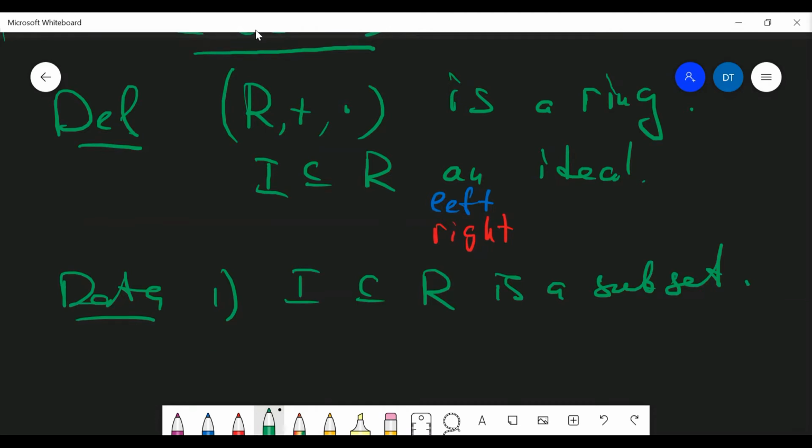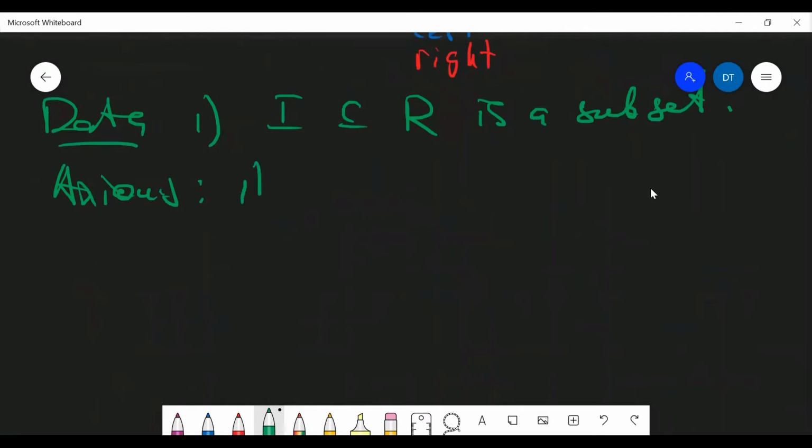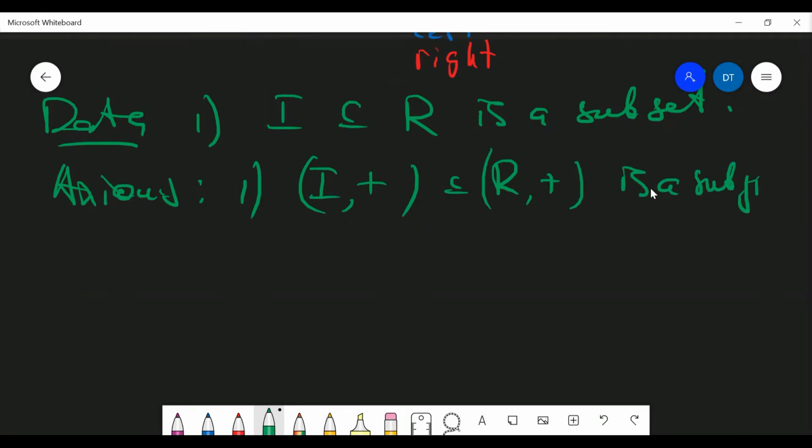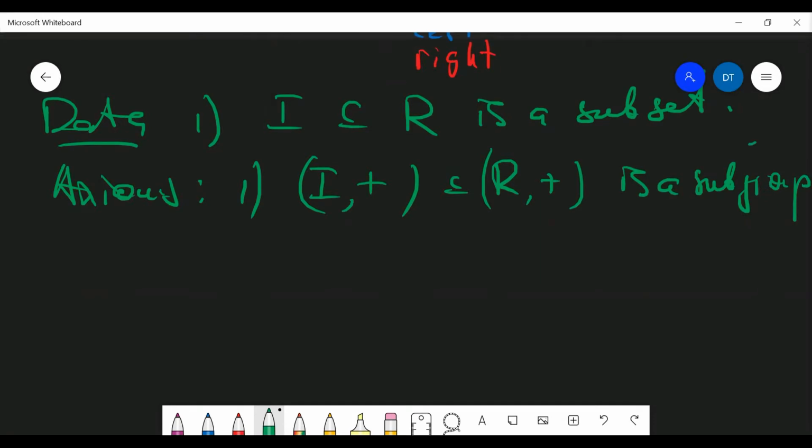Then we want to pose the axioms. So what are the axioms? Axiom number 1 says that I plus must be a subgroup in R plus. So this is similar to being a subring. And then, let's say we want to define a left ideal.